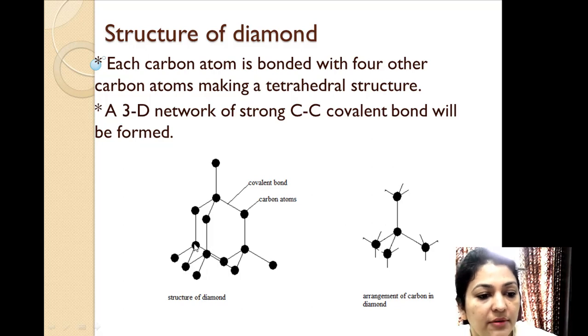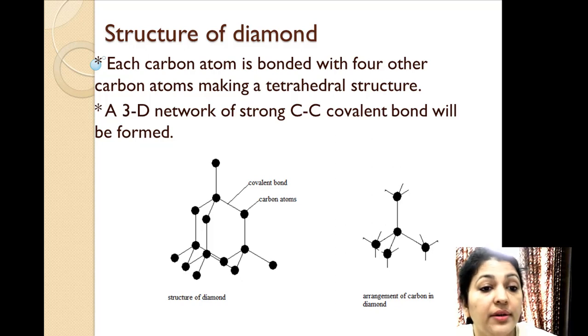Clear? For example, this one: 1, 2, 3 and 4 bonding. So it makes a tetrahedral structure. I'll show you what a tetrahedral structure is. So 4 carbons together make a tetrahedral structure.